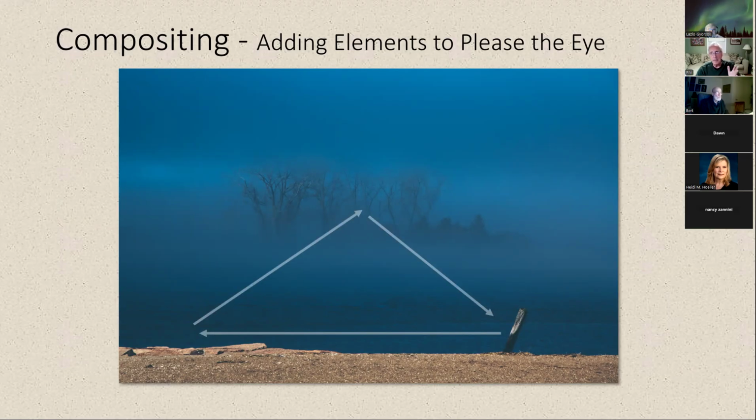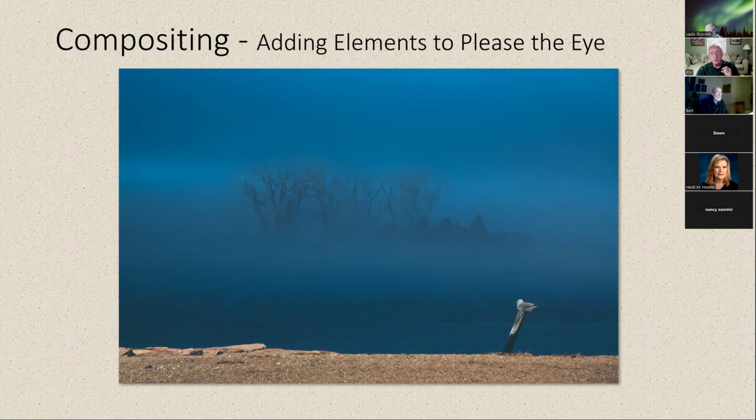And with that post on the right being so prominent, it just makes sense to put my pensive little seagull friend on it. And so we're not just adding an object for viewers to look at. We're giving viewers something to think about, right? What is he seeing? What is he feeling? Is he perched on that post looking for his next meal? Or could he be enjoying the view like we are?